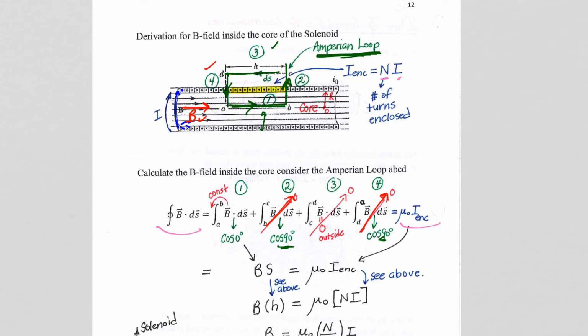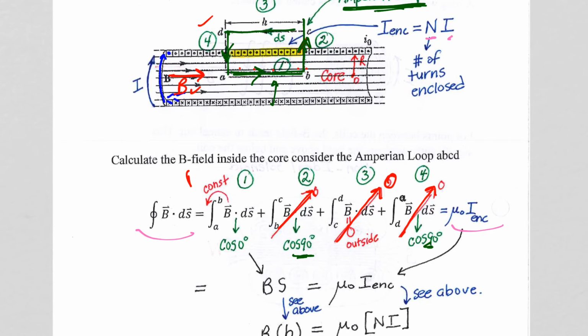And we lose section 3 because we are assuming we have an ideal solenoid and the B field is 0 outside. So we are just left with the core, where B comes out, because by symmetry there's no reason to expect to get a different B field value here, here, here, here, right? And so it comes out constant by symmetry.